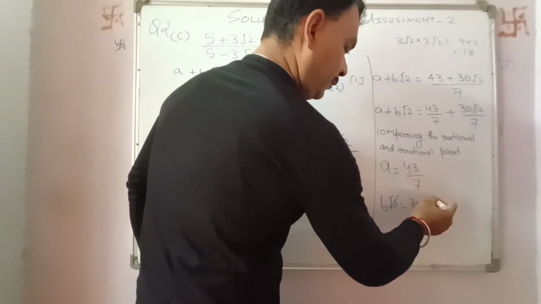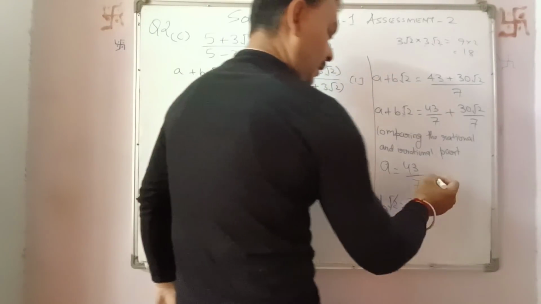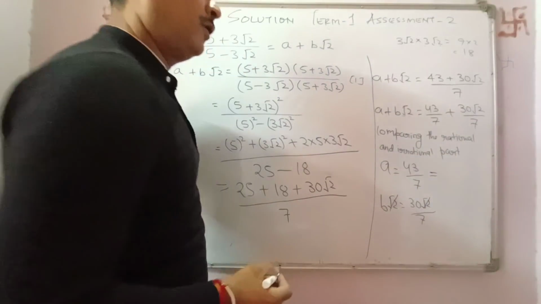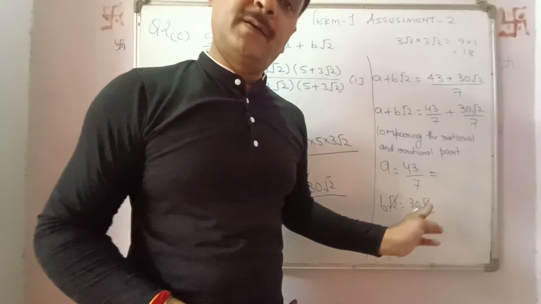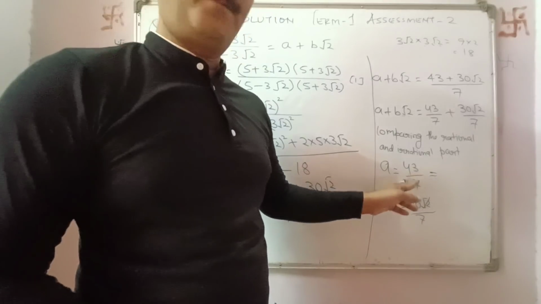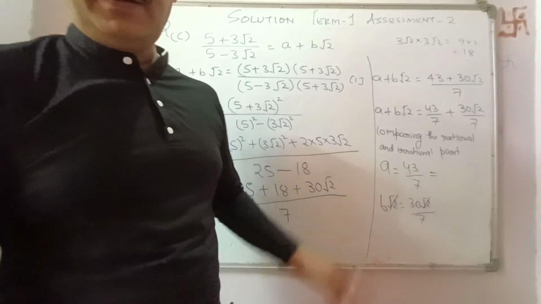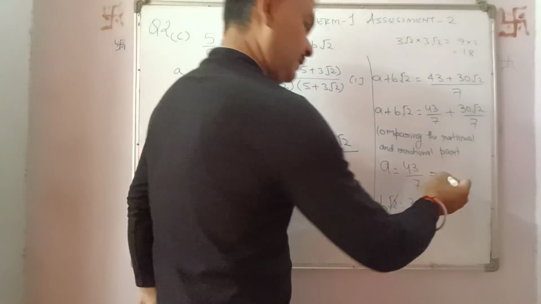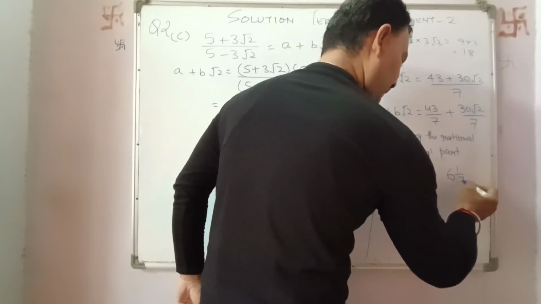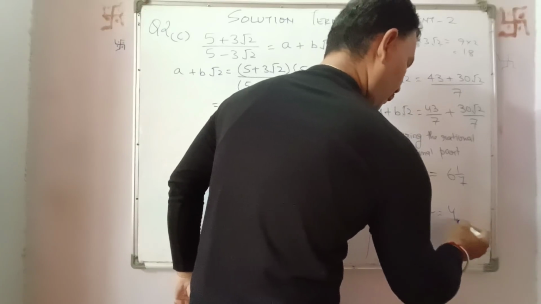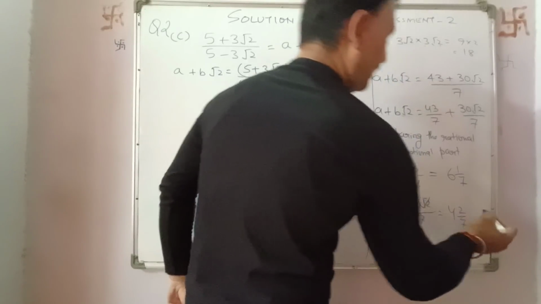So here root 2 will be cancelled out. Now student, remember, you are not supposed to leave the answer in improper fraction. You have to represent the answer in mixed fraction. Okay, 6 1 by 7, 4 2 by 7.